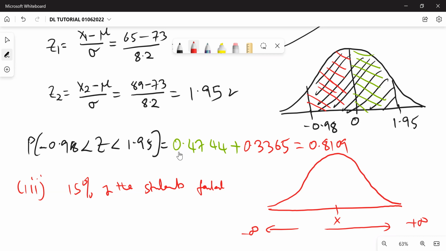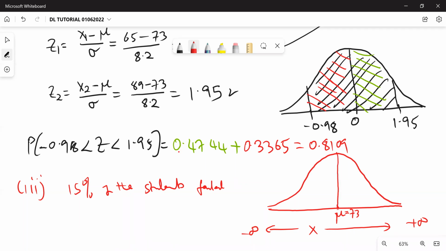So this is the X-axis, no problem, but here we have mu. We know the value of mu in this case. We know mu is 73. So this point here is 73 like that.